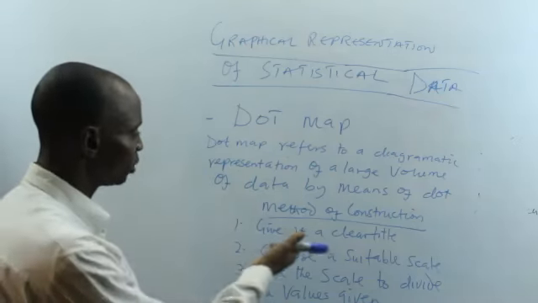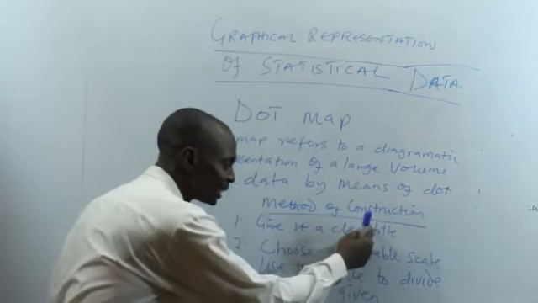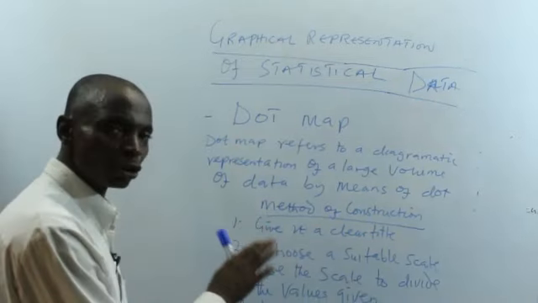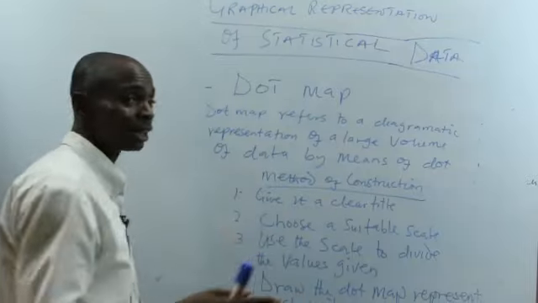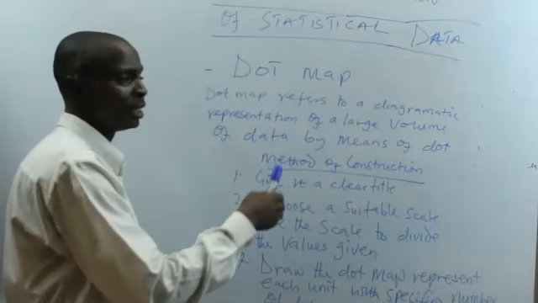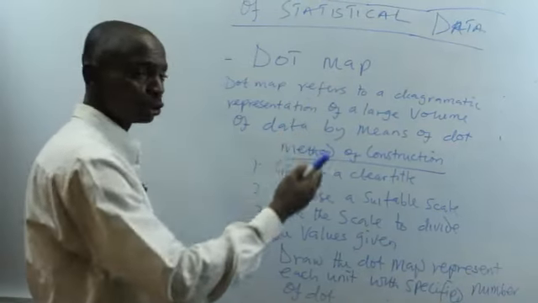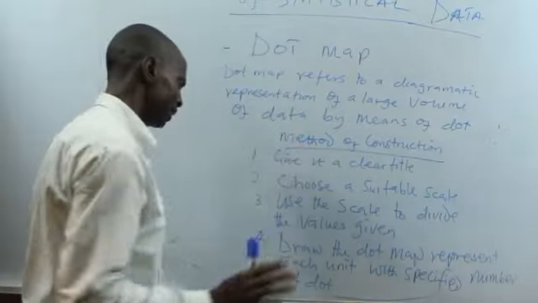What are the steps, the method of construction? Number one, give your construction a clear title. You can adopt any method, but if you want to perform any statistical operation using dot map, the first thing you must do is give it a clear title.